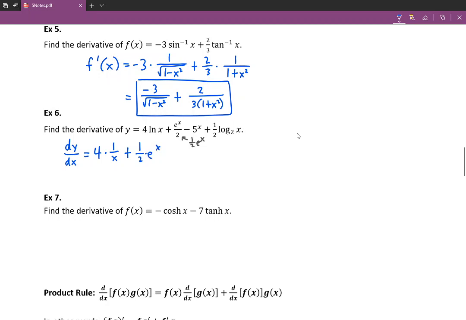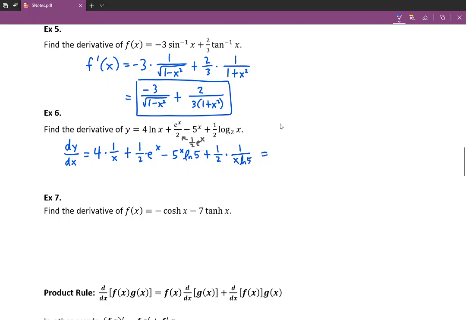So nothing much to be done there. The derivative of e to the x is e to the x, and that's the only function whose derivative is itself. Then you have the derivative of 5 to the x, which is 5 to the x, but then times ln of the base, ln of 5 in this case, plus 1/2 times the derivative of log base 2 of x, which is going to be 1 over x, but modified by ln of the base.